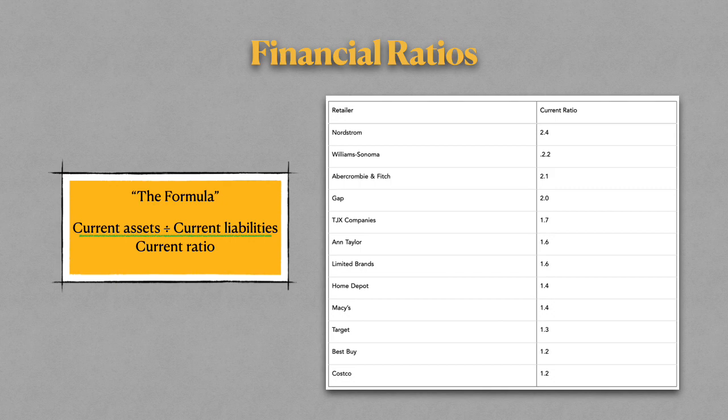A current ratio less than 1.0 indicates that current liabilities are greater than current assets and that current sales are insufficient to pay off current liabilities. A highly undesirable financial position. A 2.0 current ratio indicates that the current assets are twice current liabilities.